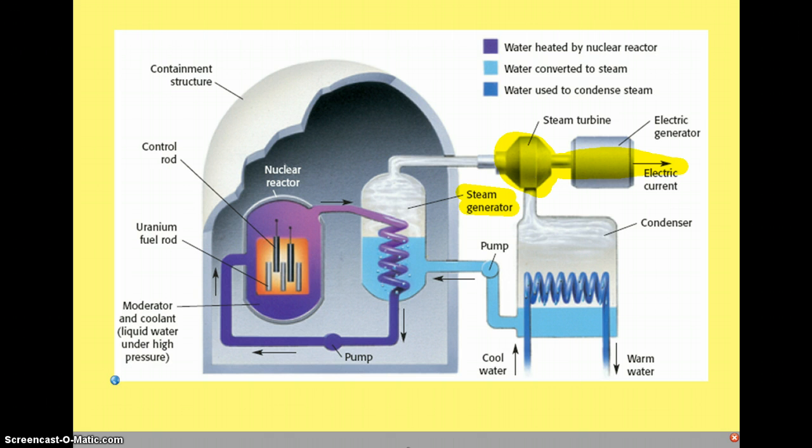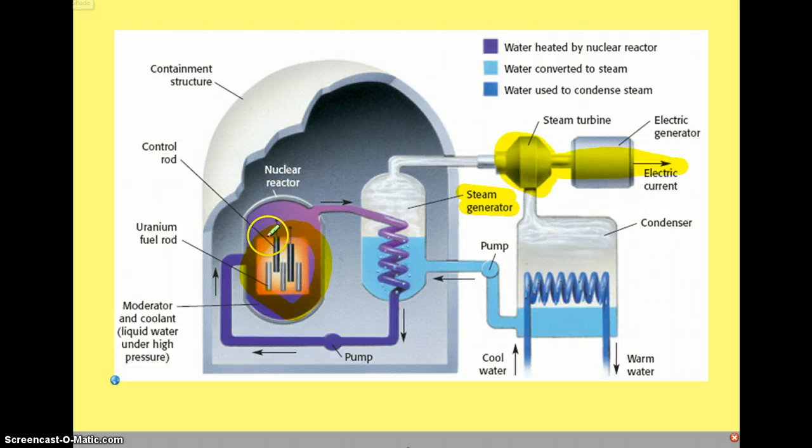So when the water comes in, if we heat it up with a nuclear reaction in the reactor, well, that's fine. We can also heat that water up and turn it to steam using coal, which is what's happening down the road the other way in Eastlake. But either way, we cause the water to turn to steam and we get an electric current generated.